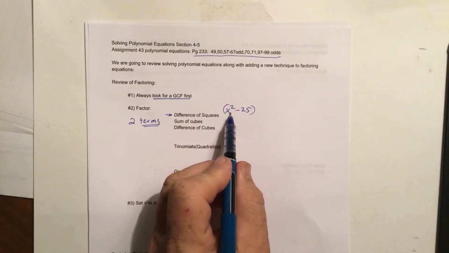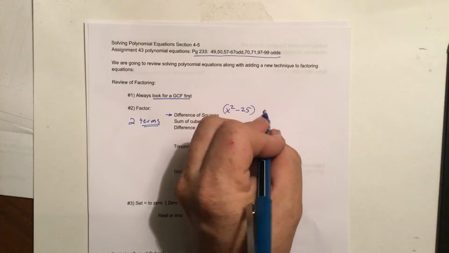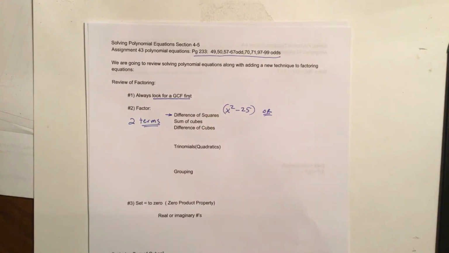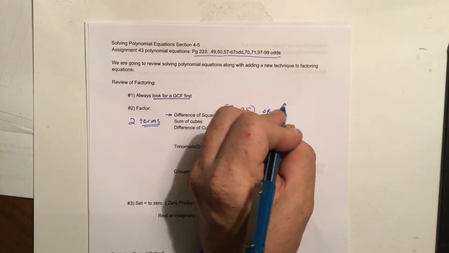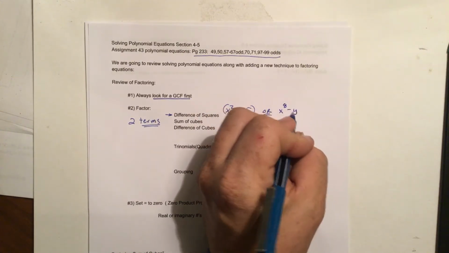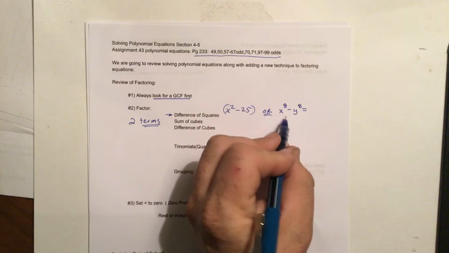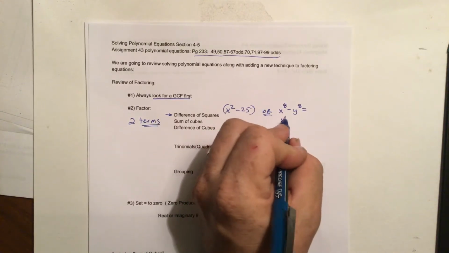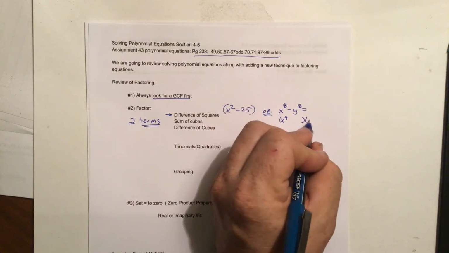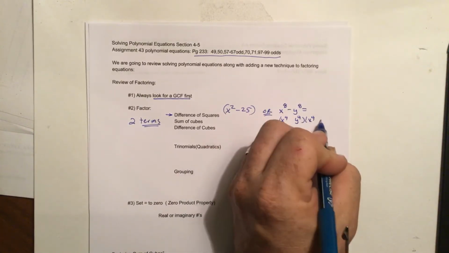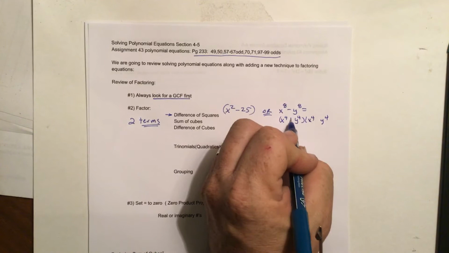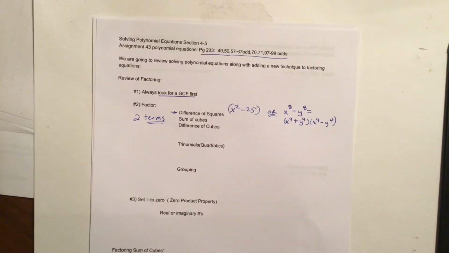Or you can have something a little different, like x to the 8th minus y to the 8th, where the perfect square of that is x to the 4th, and the perfect square of that is y to the 4th, and we can go plus, minus. So there's a couple of spots where you can see those two differences.